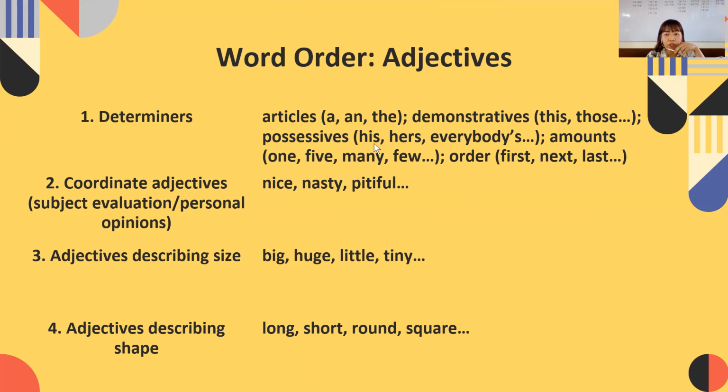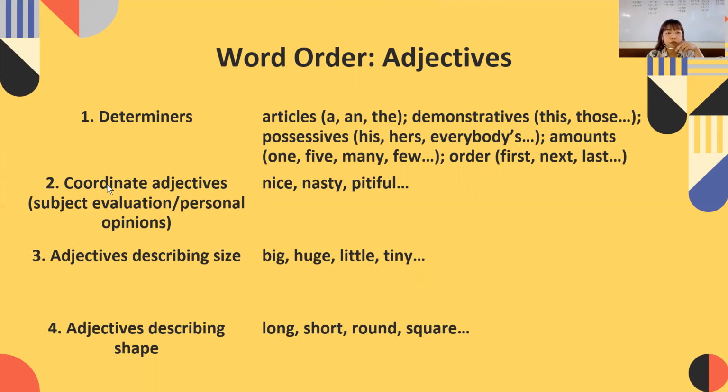There are hundreds of words that would qualify for the category of amounts. You also have your order: first, next, last, second, third, like in a contest or competition, the order there. So that qualifies here: first, next, last, second, third, ninth, and so on and so forth.